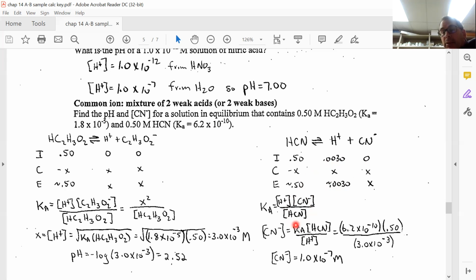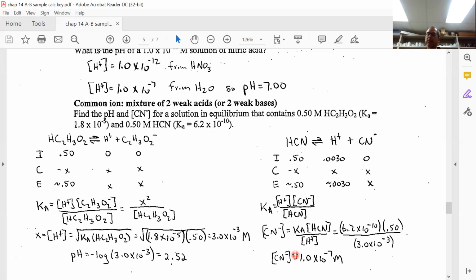I know everything else, and I end up getting 1.0 times 10 to the negative 7th molar CN minus. Notice if I had taken the square root times this concentration, it would probably be somewhere around 10 to the negative 5th. But because this H plus drives the equilibrium, that CN minus concentration becomes less in this case.